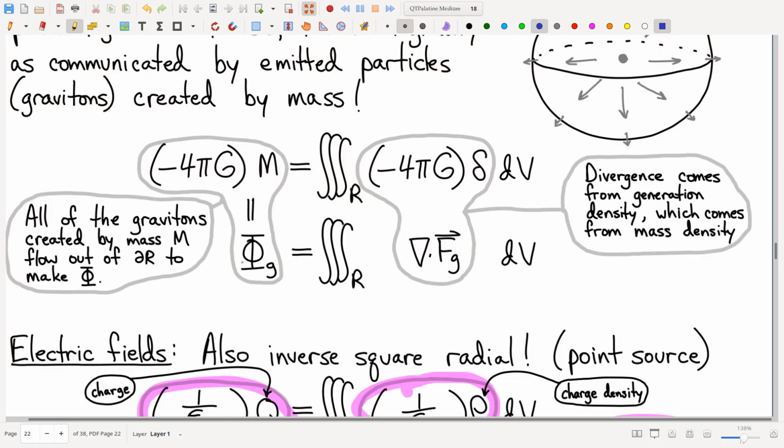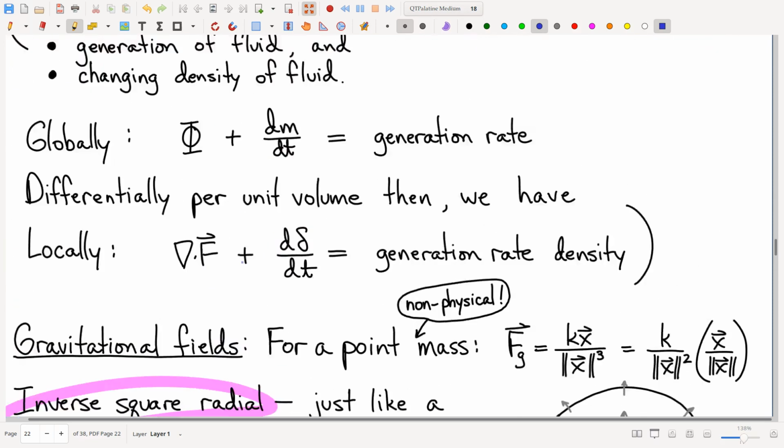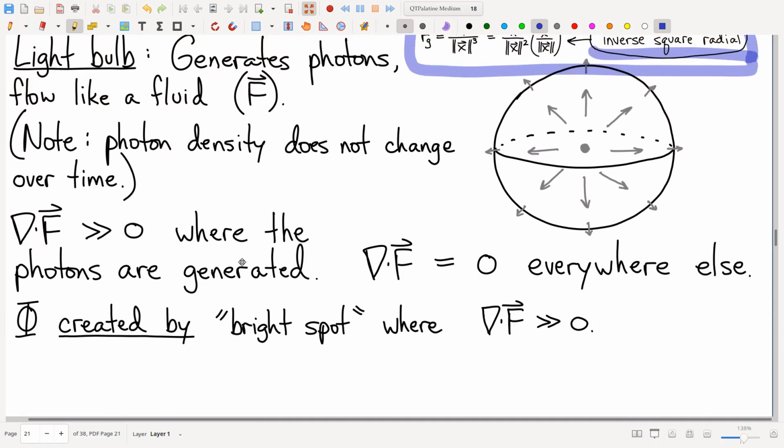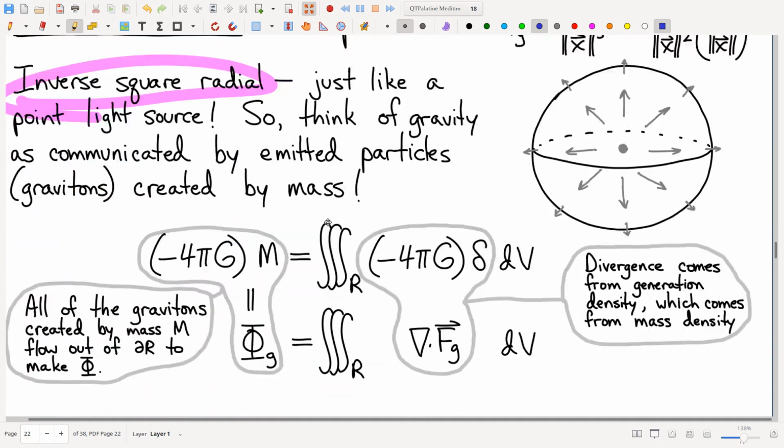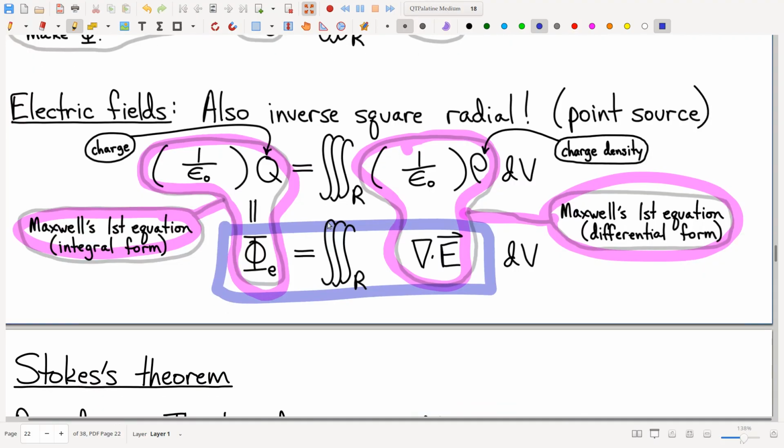And what's the best way to think about gravitational fields? Light bulbs. Again, that's just my opinion, but this is the picture that I have in my mind when I'm thinking about gravitational fields in this kind of context.